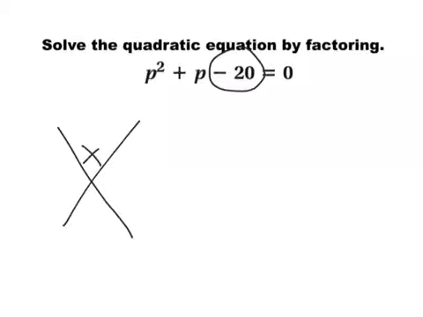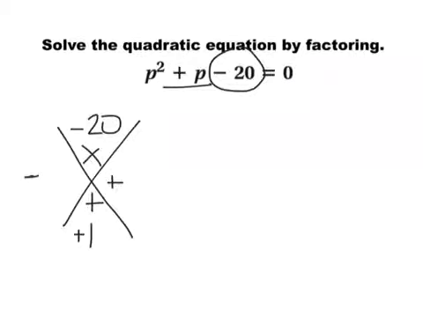So I need to multiply to get negative 20, but add to get a positive 1 coming from that middle term. Thinking about 20, 10 and 2 are the easiest, but I need a negative and a positive because my third term's negative again.